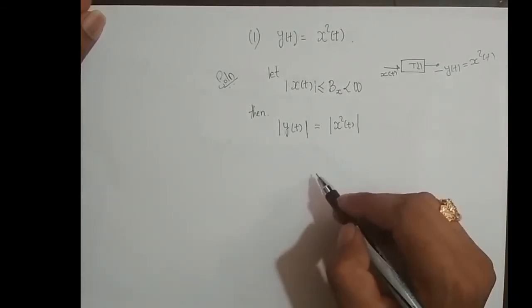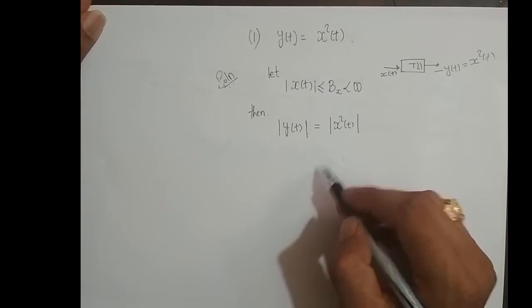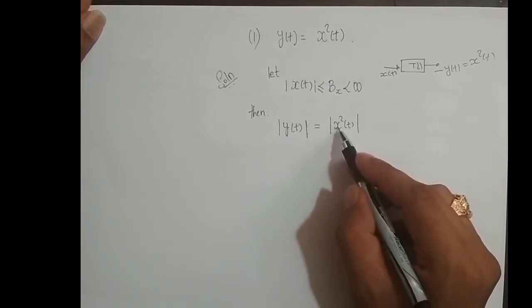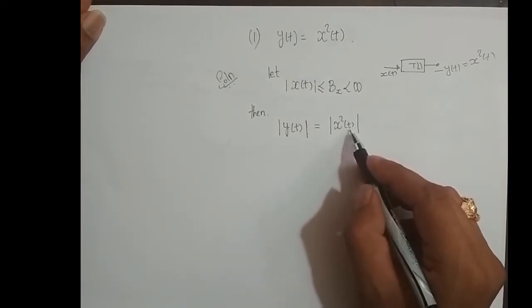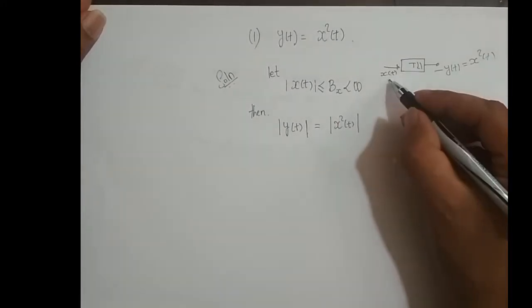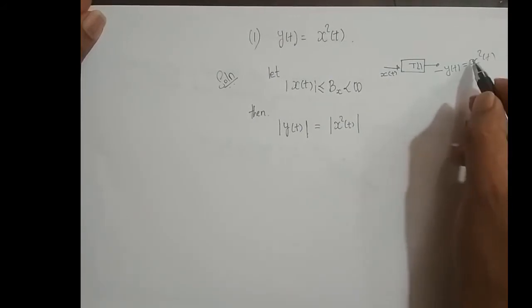And is this bounded? I mean, is x square of t bounded? For example, if I give amplitude of the input signal as 10, what is the output from the system? It is 10 square, right?